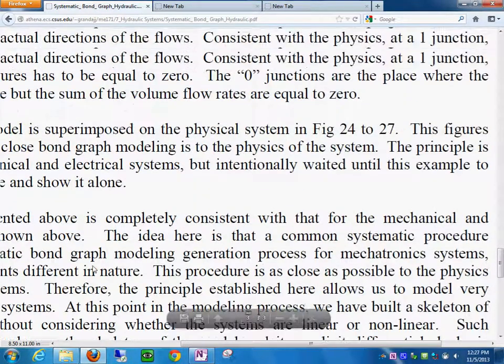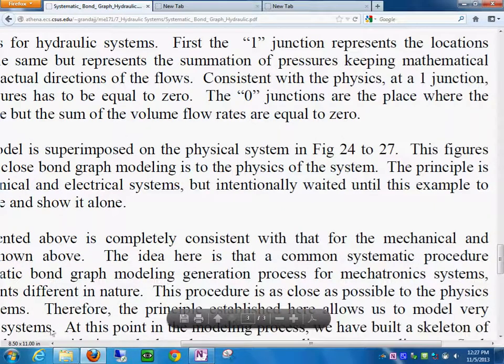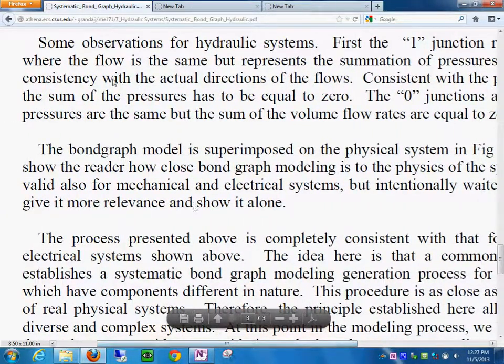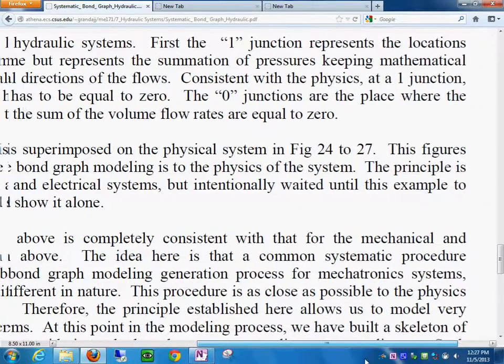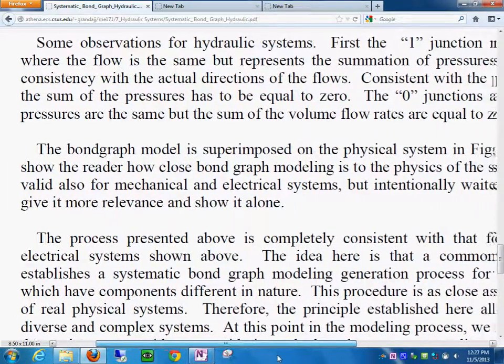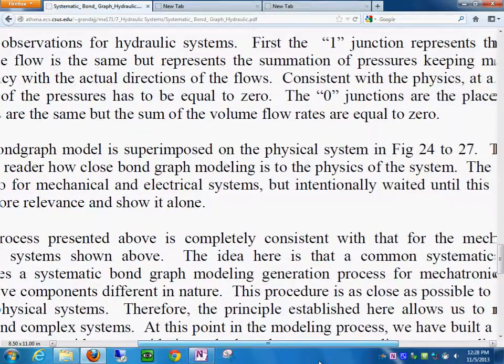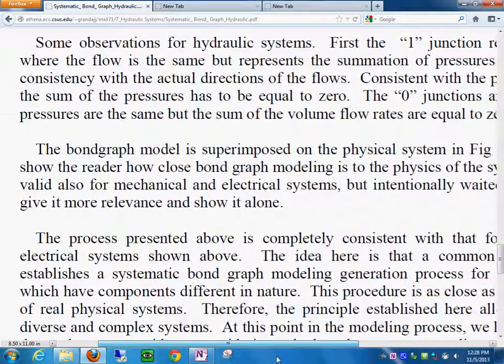There's a little more of an explanation here on this, so that perhaps we can take a look at this. Here I may say some observations for hydraulic systems. In this case, the one junction represents the location where the flow is the same, but in fact this is also the summation of pressures, keeping mathematical consistency with the actual direction of the flows.